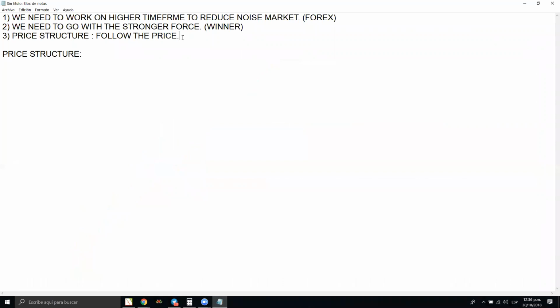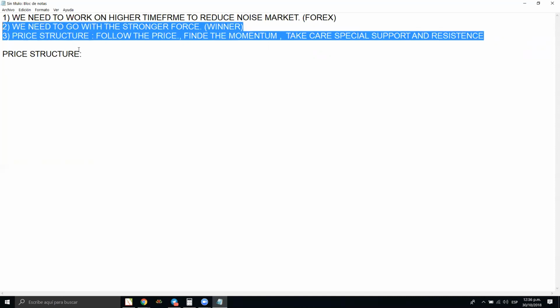Following the price, be careful. Take care with special support or resistance at this point. Find the momentum, and we will have something here, price structure.